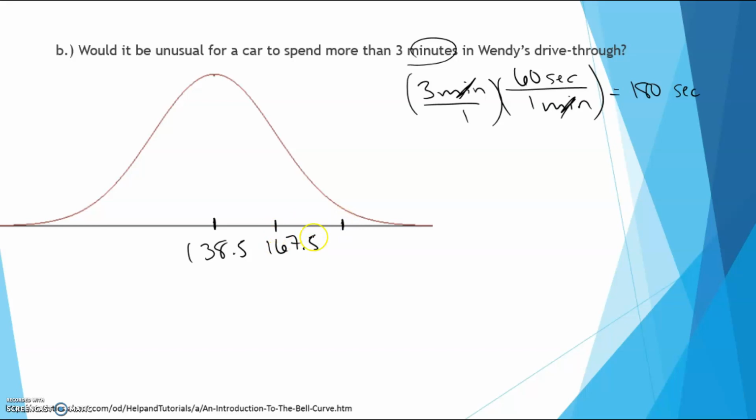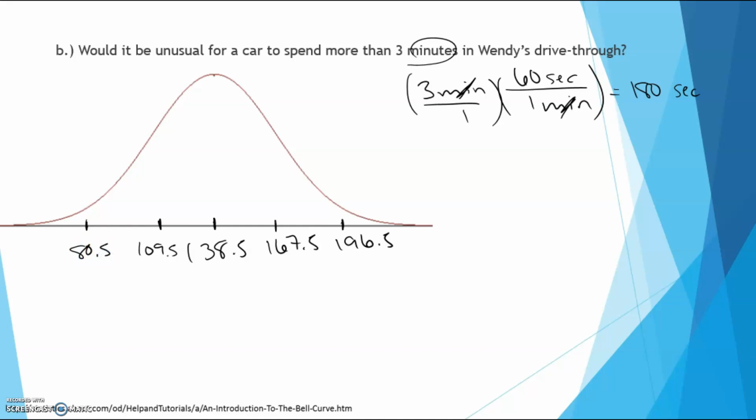Add it one more time, so 29 plus this number, that would give me 196.5. And you could subtract over here. 138.5 minus 29 would give you 109.5. 109.5 minus 29 will give you 80.5.